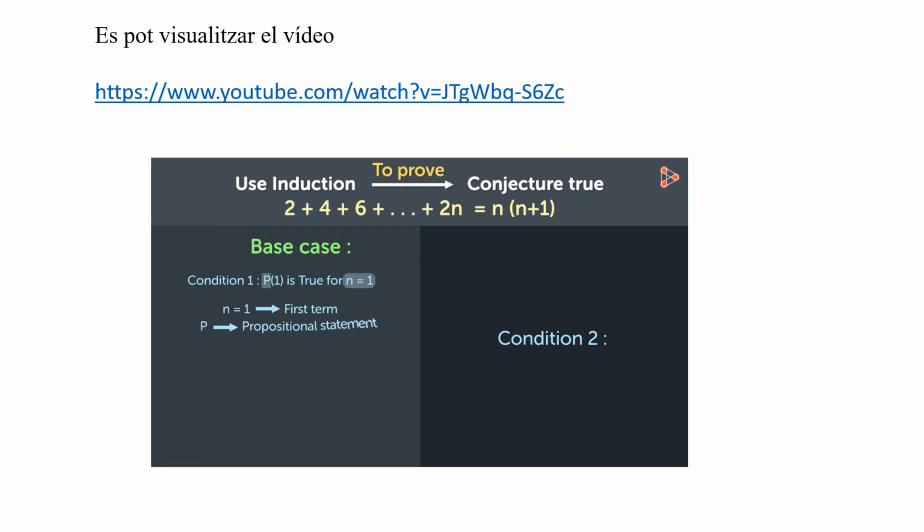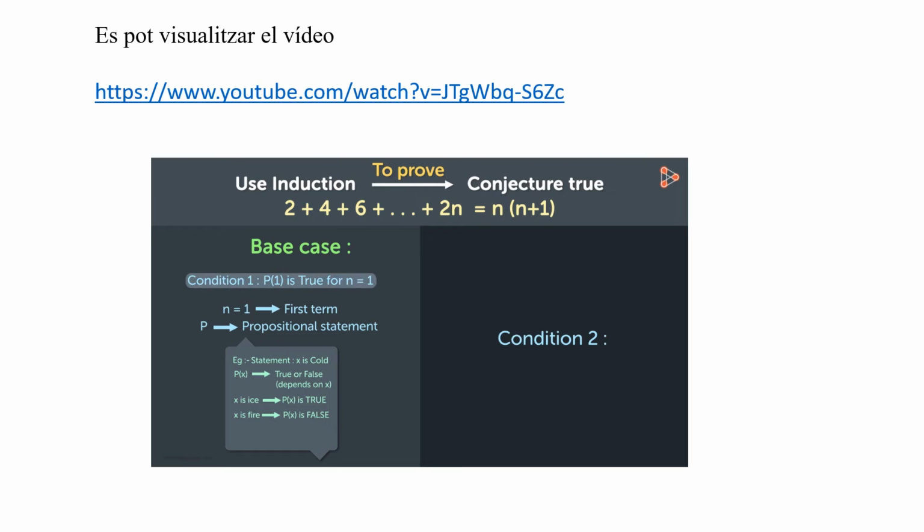P is a propositional statement that has a definite value. This value can be true or false. Suppose we have the statement x is cold. Then P of x can be true or false depending on what x is. When x is ice, P of x is true, and when x is fire, P of x is false.